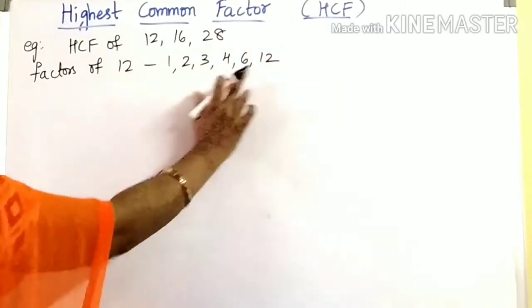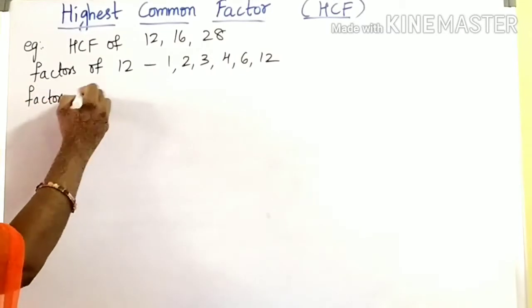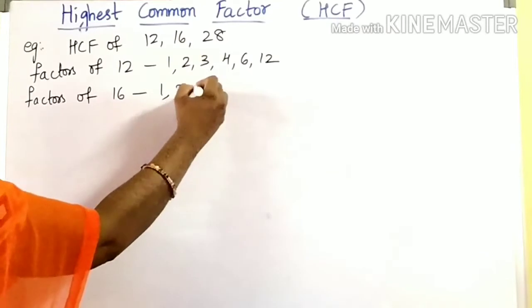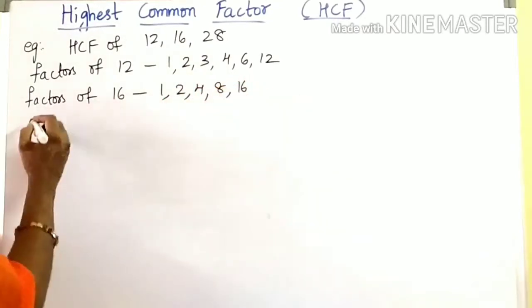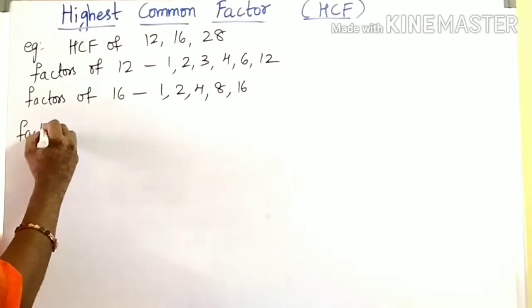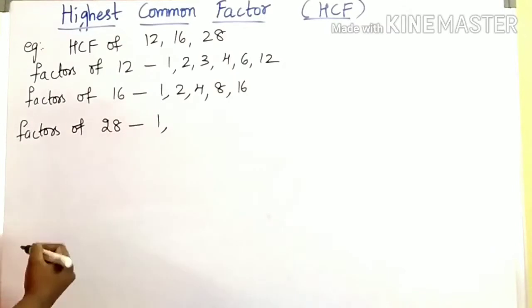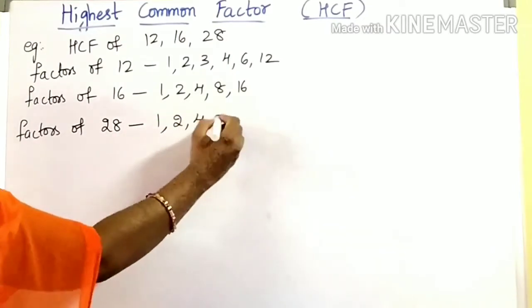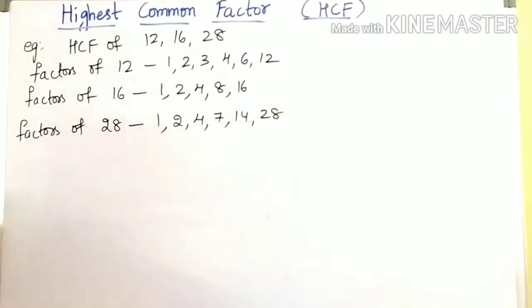Next find factors of 16: 1, 2, 4 4s are 16, 8 2s are 16, 16 1s are 16. Next factors of 28: 1, 2, 4 7s are, 7 4s are, 14 2s are, 28.